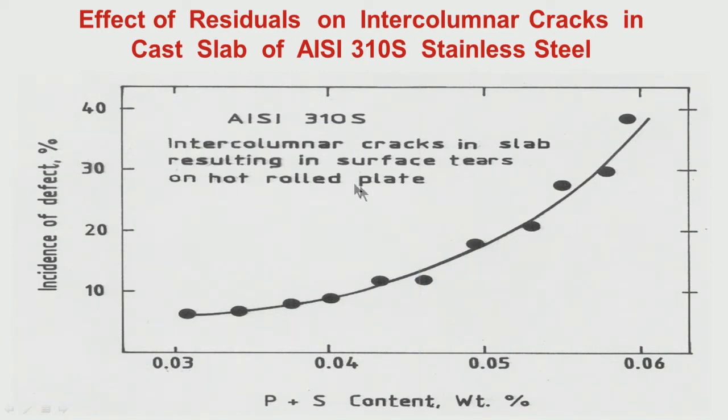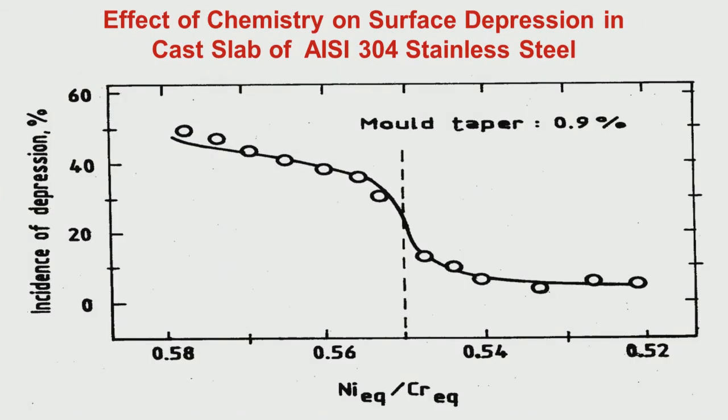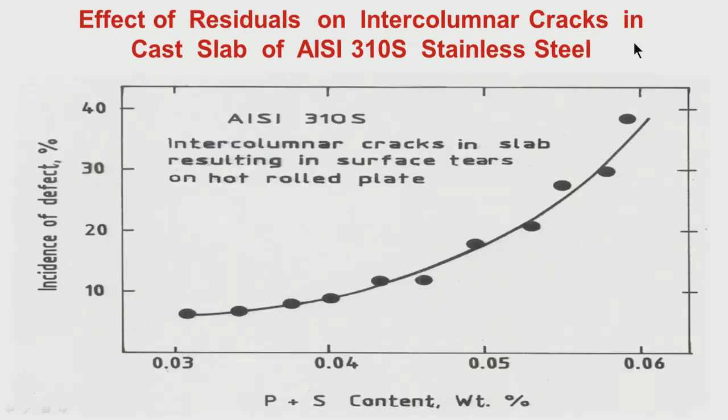Here the problem is intercolumnar cracks which are located internally in the slab. In 304, the problem was more surface depression, and because of the surface depression there were subsurface cracks. Here the problem was internal cracks at intercolumnar locations in the slab. They result in surface tears in the hot rolled plate made from the slabs.